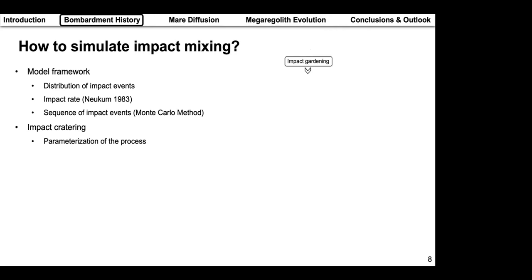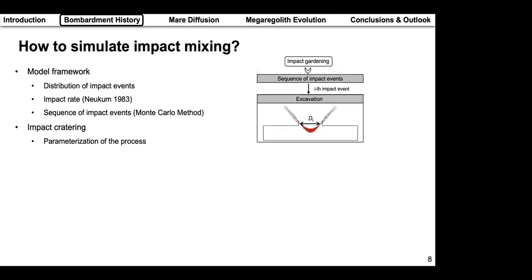With this list, we can then simulate the impact events one by one. Of course, we start from the oldest impact events. We record and simulate its excavation and ejecta deposition process.